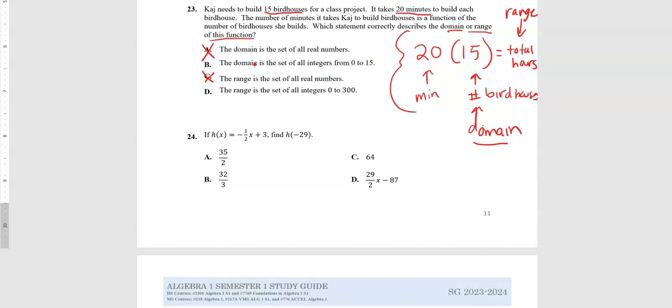The domain being all numbers from 0 to 15 seems correct because they told us that she needs 15 birdhouses. The range being all integers from 0 to 300 could be correct, but because it tells us the 15 and it doesn't tell us necessarily the range, we're going to go with B on this one.